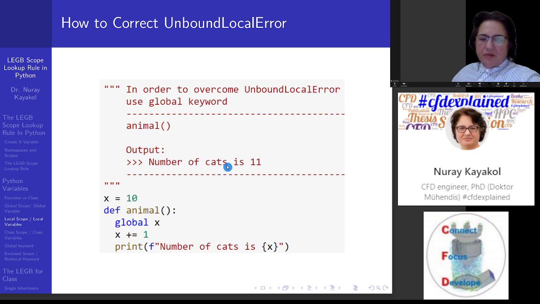You see number of cats is 11, because the value of x is 10, then in the animal function it is added plus 1, so it becomes 11. So if you use this kind of increment in the function, do not forget to type global x.